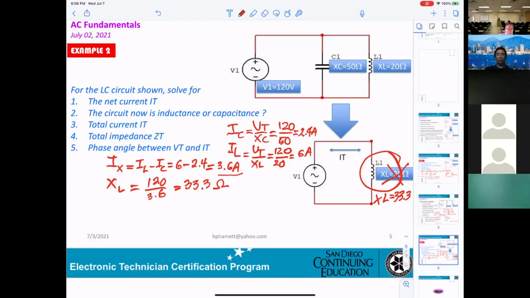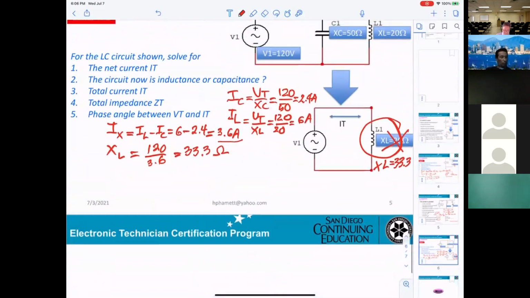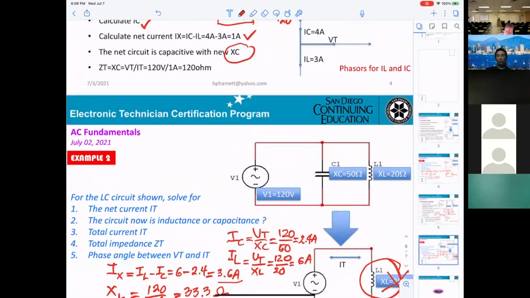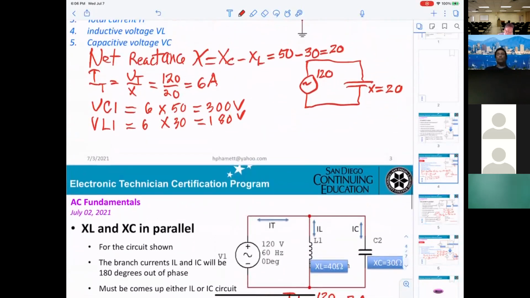They must come up with a circuitry with only XC or only XL. For the parallel, same way, they must come up with a circuitry with only inductive or capacitive. Okay, so that will be done for this part. Any questions? Oh, it's so easy.